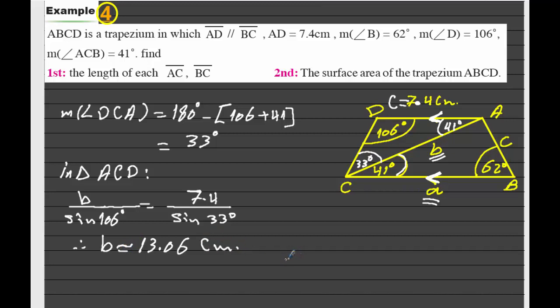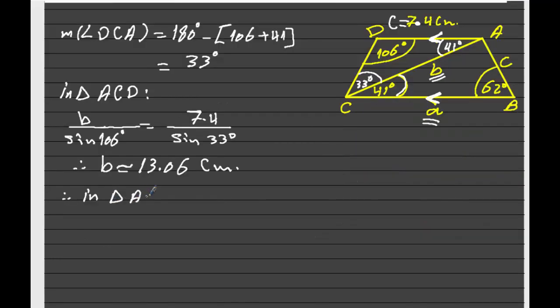Now the required is to find BC. Now in triangle ABC, here we have A over sine A equals B over sine B. But we must calculate the measure of angle A first.